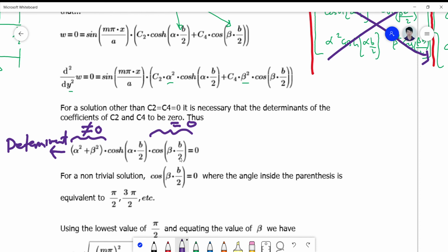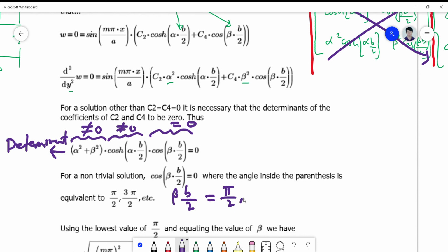So if we set now this to be 0 and this to be non-zero, we can solve for the angles such that my angle of beta b over 2 must be odd multiples of pi over 2.